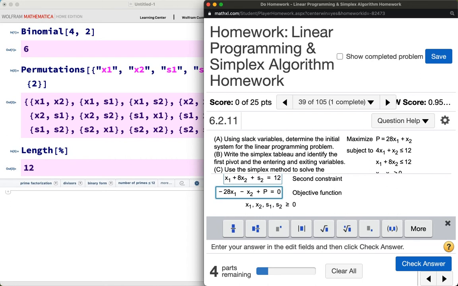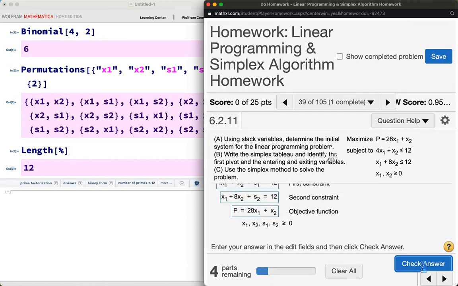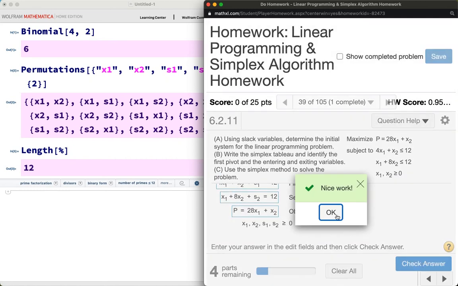Although, I have a feeling what they want is probably p is equal to 28x1 plus x2. But the way I did it before is the way you would enter that row into your matrix. Okay, so let's check the answer. Okay, that's the answer they want.